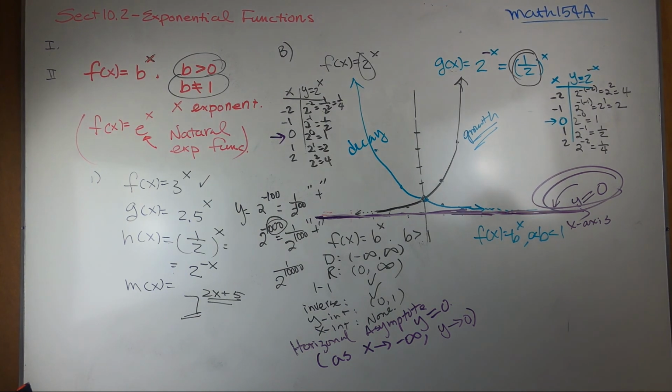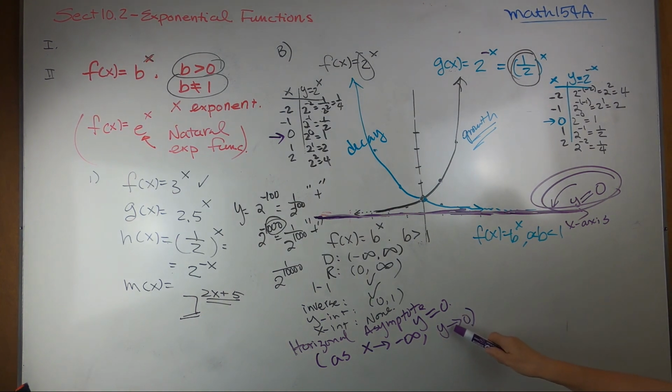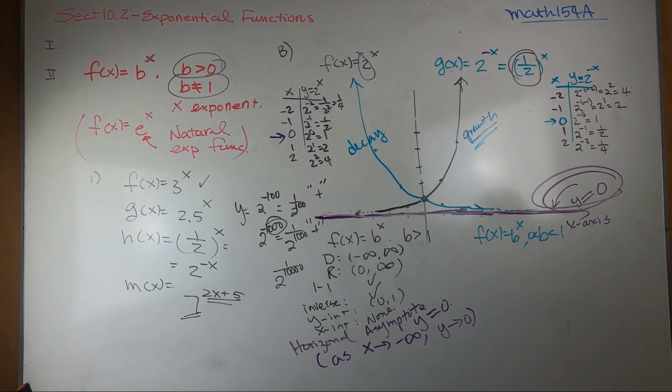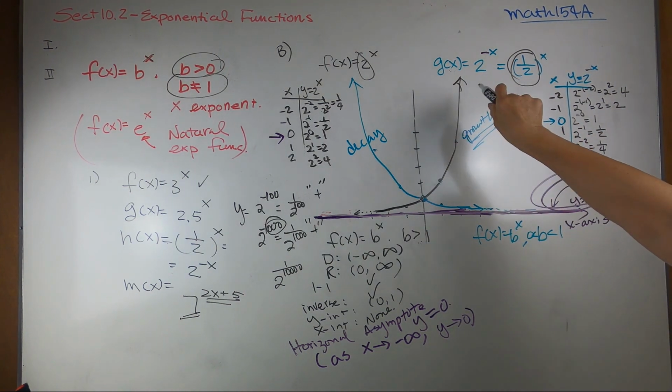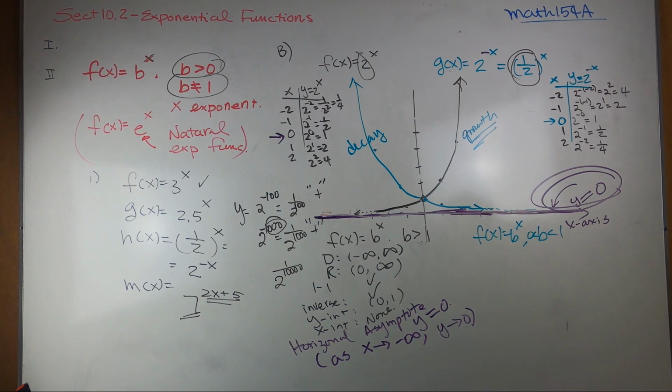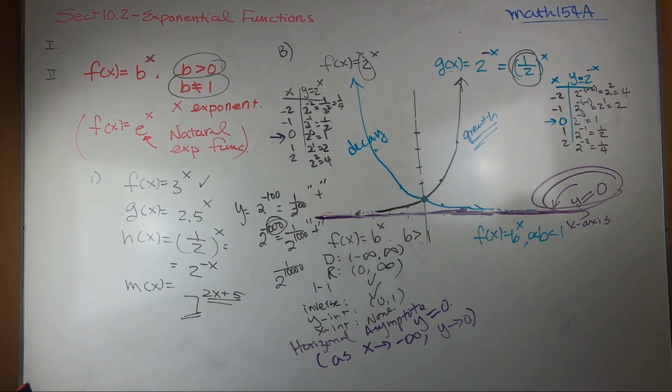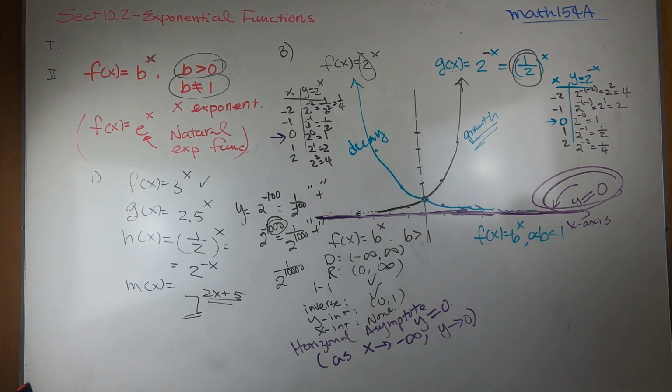Okay, horizontal asymptote. You need this concept for your pre-calculus and calculus. You don't need this for business calc. Okay? Then this is just a basic 2 to the x power exponential growth.